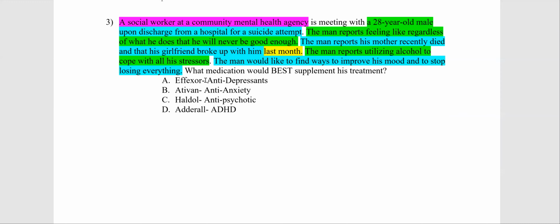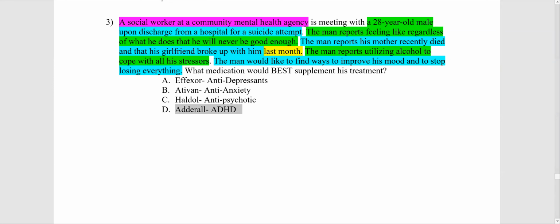So a quick review: community mental health agency, 28-year-old male, just got out of the hospital for a suicide attempt. He feels like regardless of what he does, he's never good enough. His mother recently died and his girlfriend broke up with him last month. He's utilizing alcohol to cope. He wants to improve his mood and stop losing everything. What med are we most likely to see within this guy's situation?